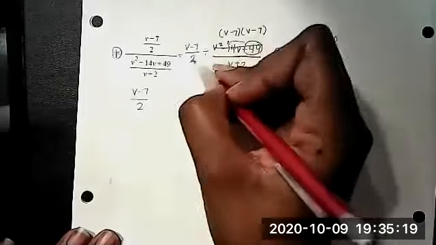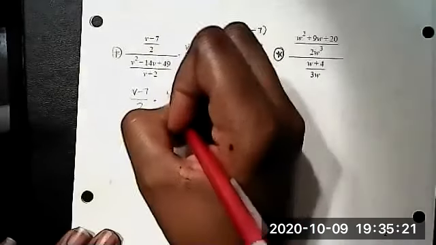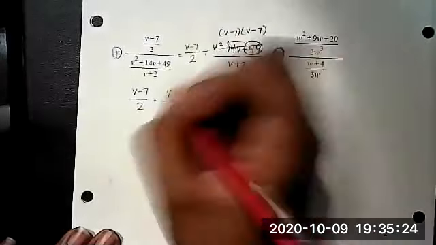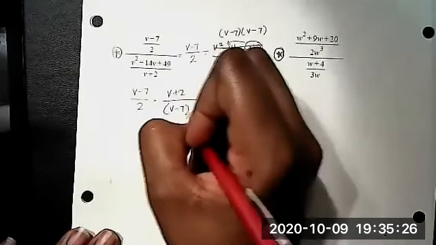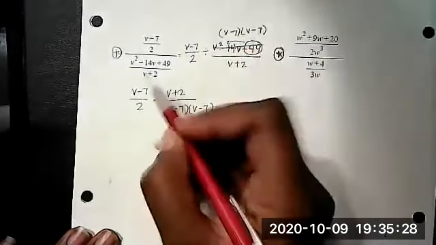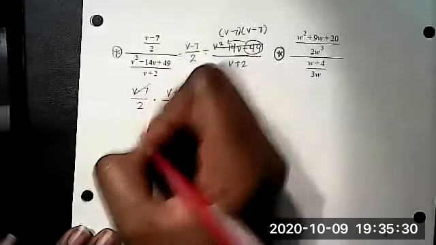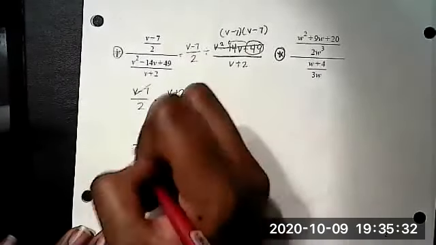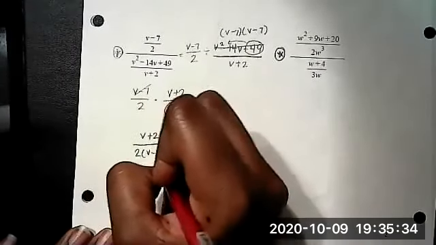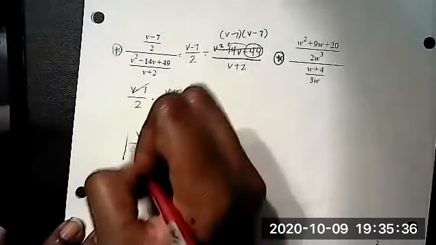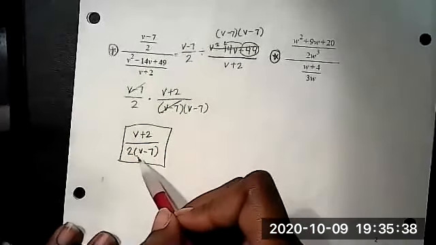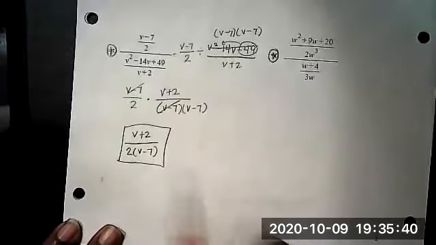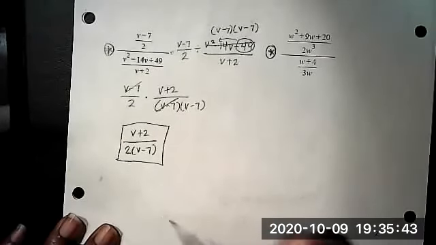I'm leaving that the same, times the reciprocal, b plus 2 over b minus 7, b minus 7. That cancels out there. This becomes b plus 2 over 2 times b minus 7. If we had to do some exclusions there, positive 7 would be that exclusion. Cannot have positive 7 there, but this is our answer.